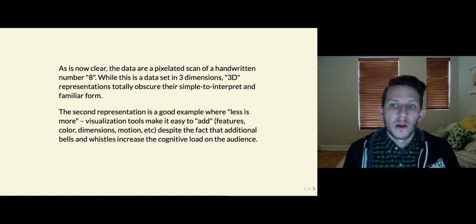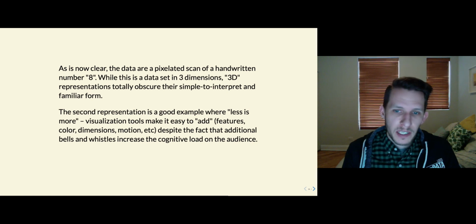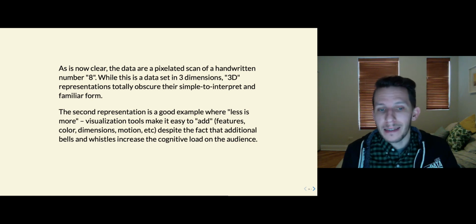Okay. As I said before, 3D representations, even though this is a 3-dimensional data set, totally obscures the simple to interpret and familiar form of this number 8.